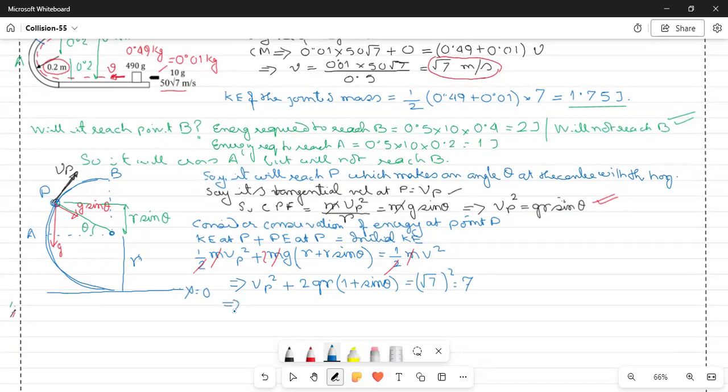So from here we get gr sin theta plus 2gr plus 2gr sin theta equal to 7.